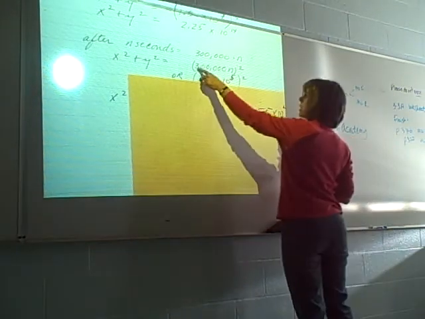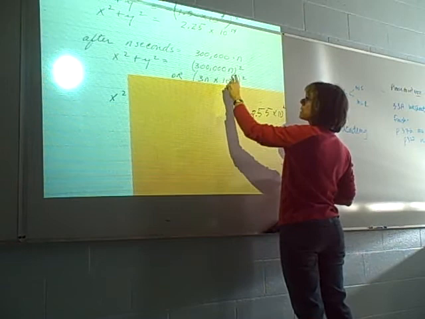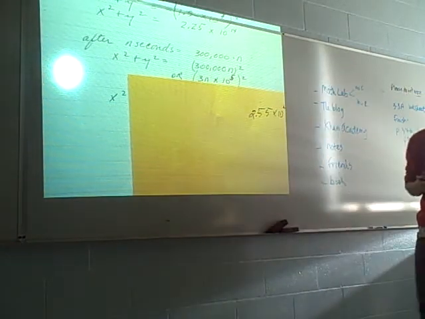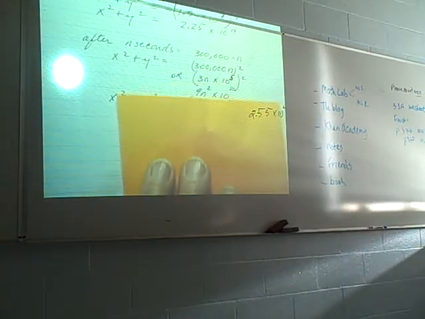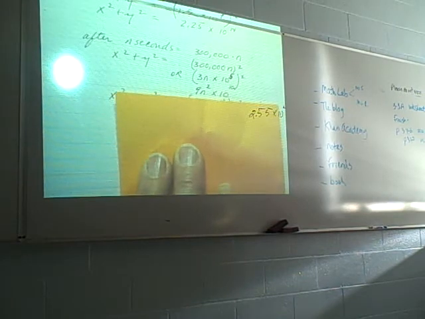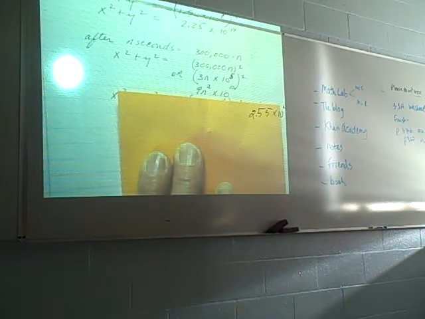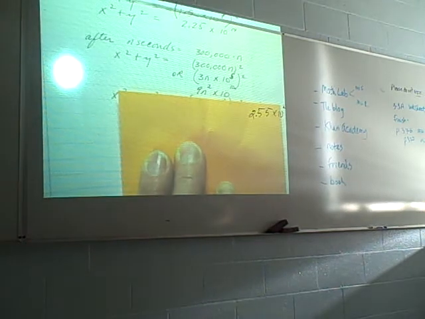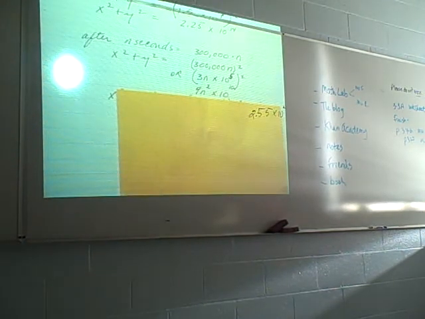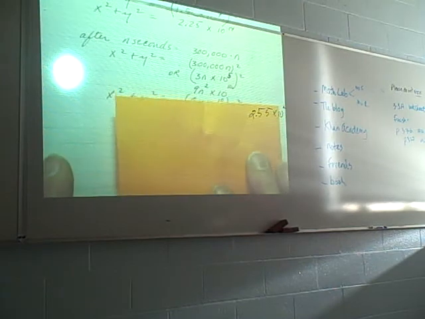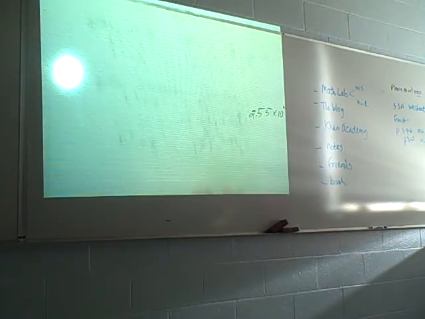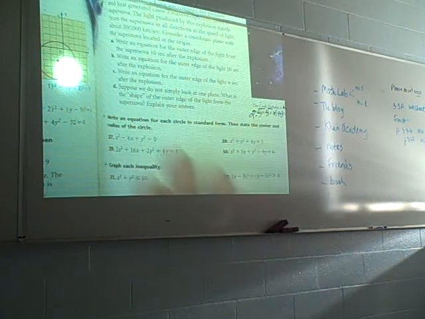I rearranged it, 3n times 10 to the 5th squared, which would be 9n squared times 10 to the 10th. Okay, so these were just getting you to think about exponents. Okay, so that takes care of number 26.